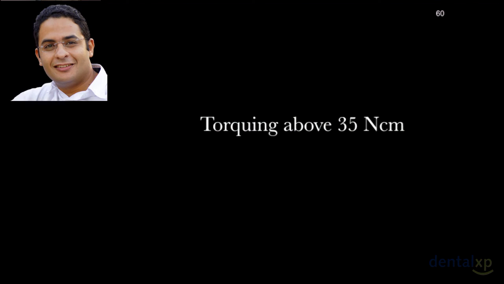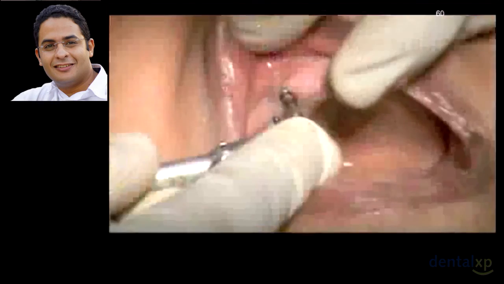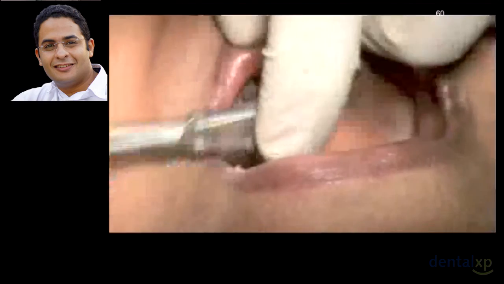Then we do the torquing above 35 Newton centimeters, which was achievable in all the 6 implants, even the ones that were immediately placed in the 2 extraction sockets.